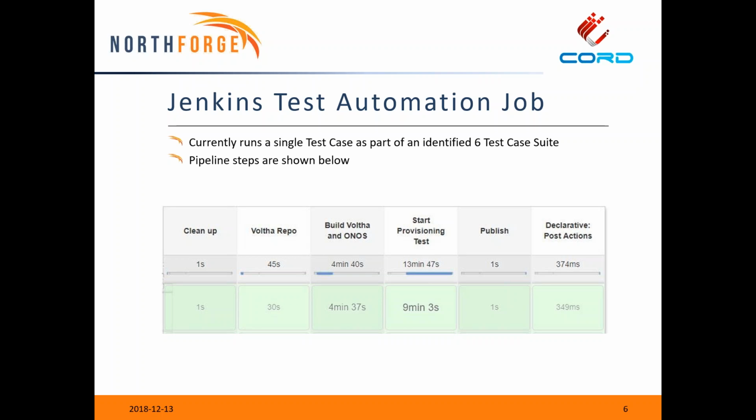That gives you a highlight of the time breakdown and the different steps in the pipeline. There's a cleanup at first. It gets rid of the logs that have been reported for the previous run. Then there's the VOLTHA repo, where it brings in the user patch, and from that it builds VOLTHA and ONOS, and that takes roughly 4 minutes.